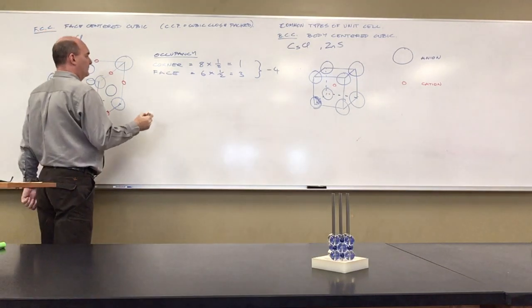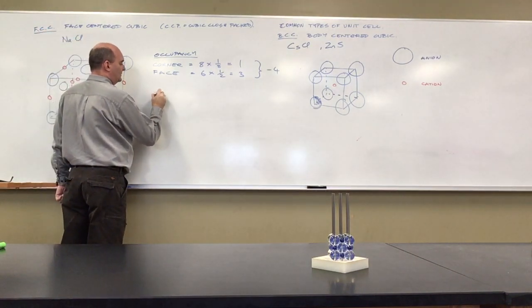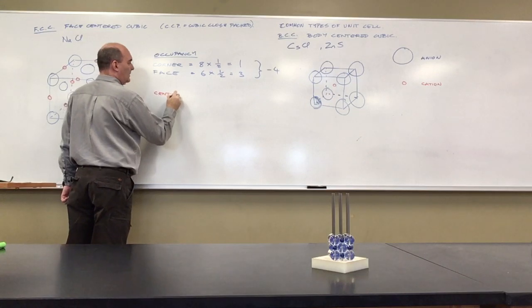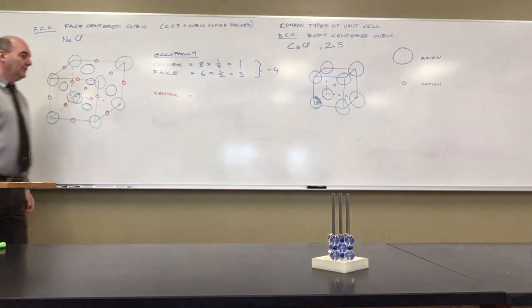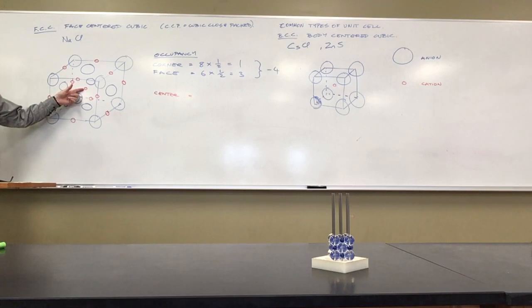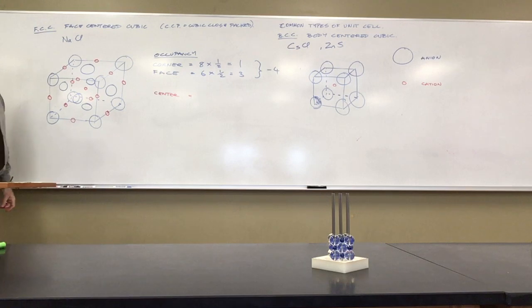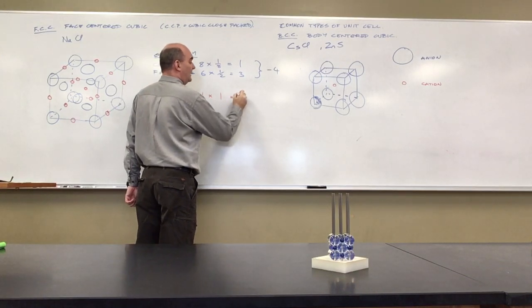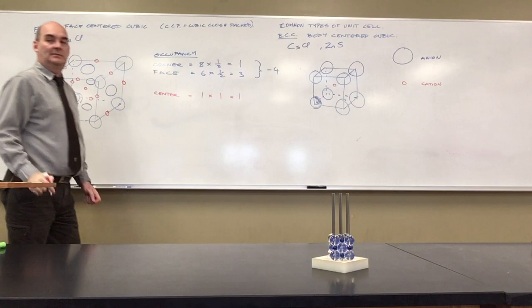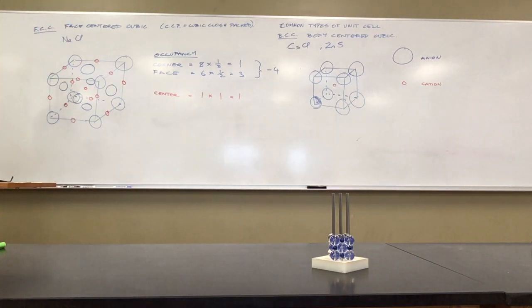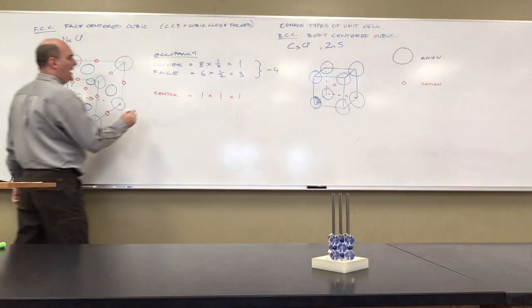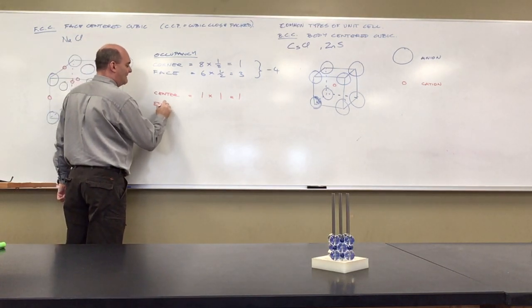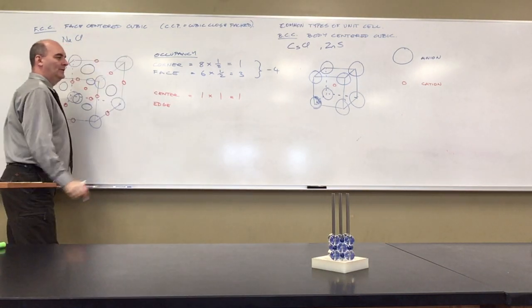Okay. Let's look at the cations. There is a cation at the center of the unit cell. Just the one of them. It's completely inside, and therefore it is 1. 1 times 1 equals 1. And then I have cations on the edges.